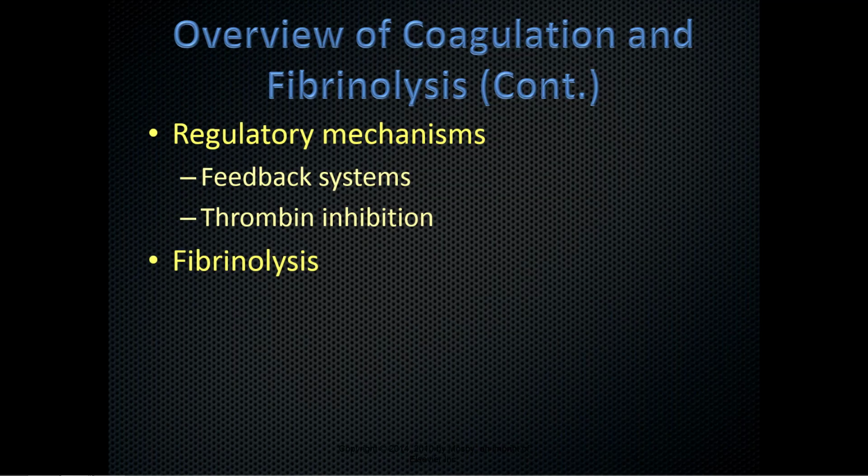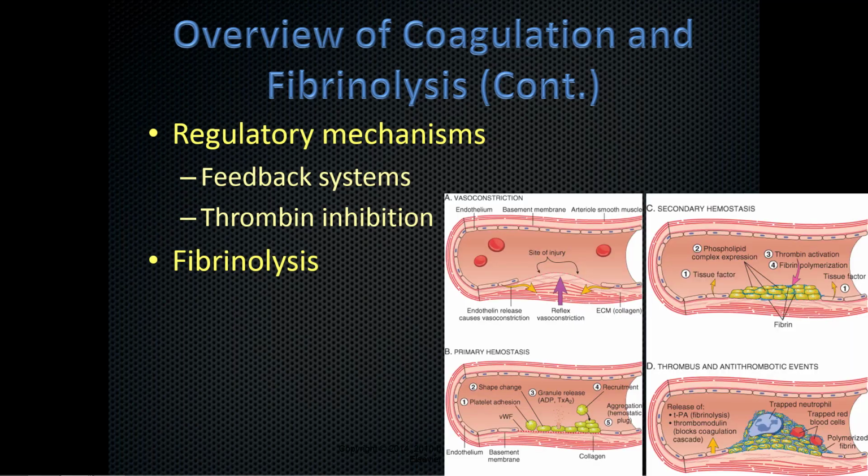Under normal conditions, there's a feedback system that prevents coagulation from spinning out of control, and prostacyclin is released from damaged endothelial cells. This counteracts the effects of TXA2 and also serotonin and histamine through vasodilation and inhibition of platelet degranulation. So again, prostacyclin is one of those feedback mechanisms that prevents overclotting.